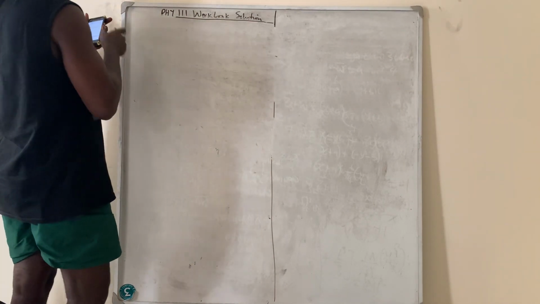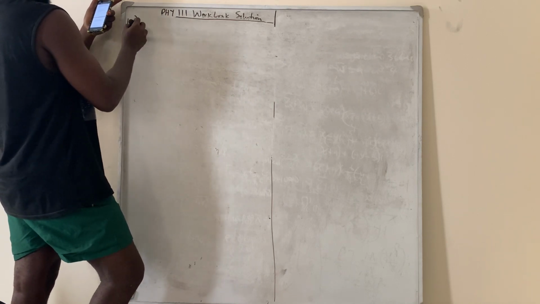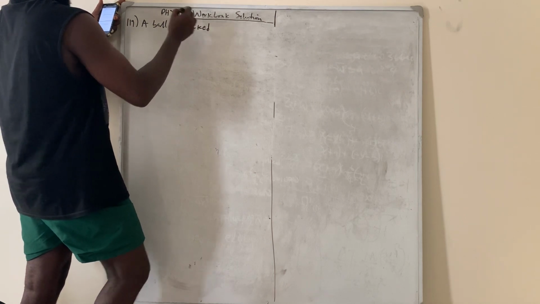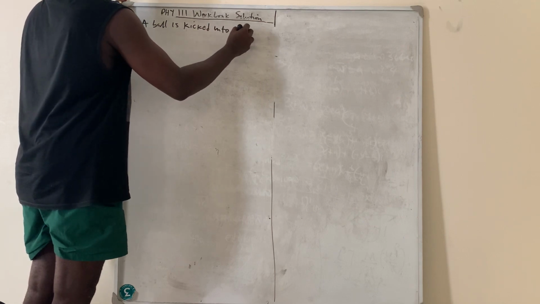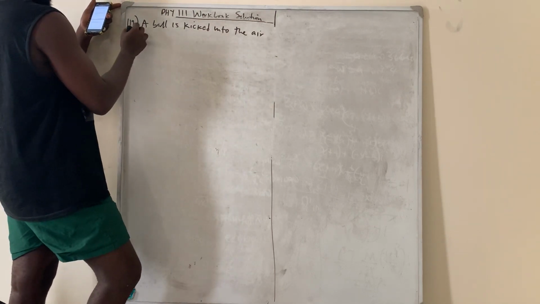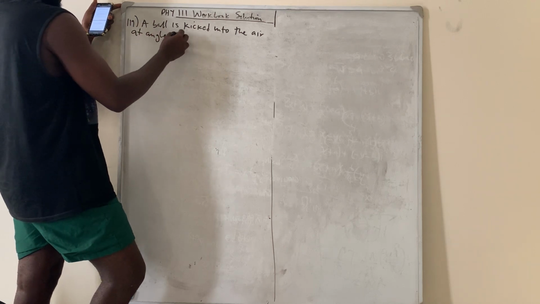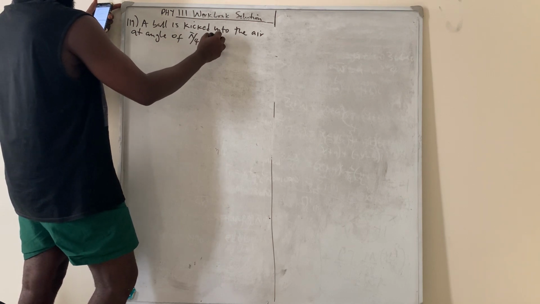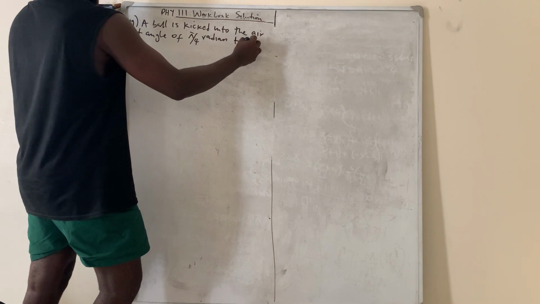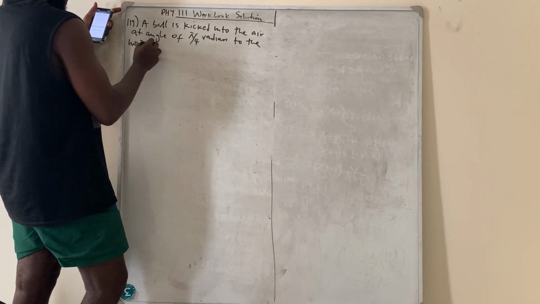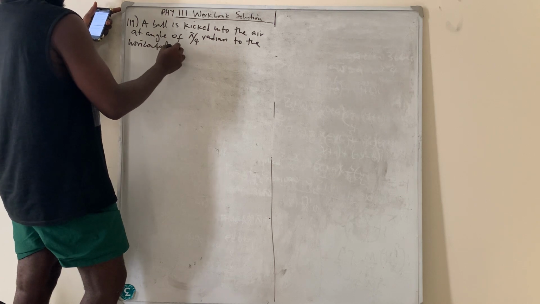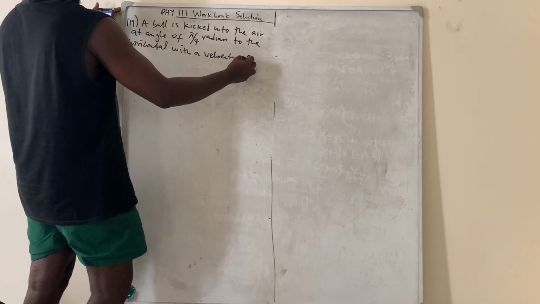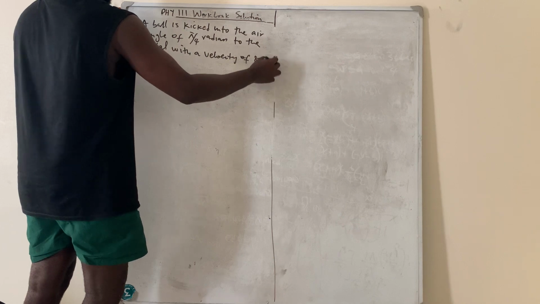Okay, so 119. Question number 119 said, a ball is kicked into the air at an angle of pi over 4 radian to the horizontal with a velocity of 80 kilometer per hour.